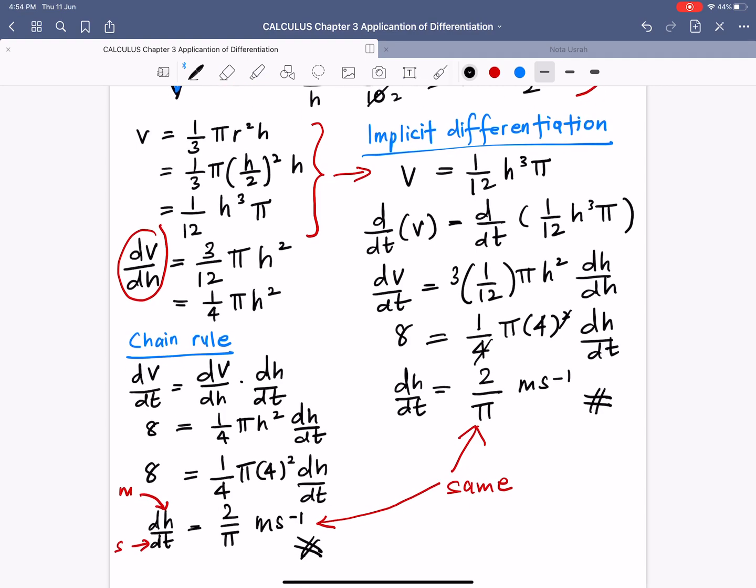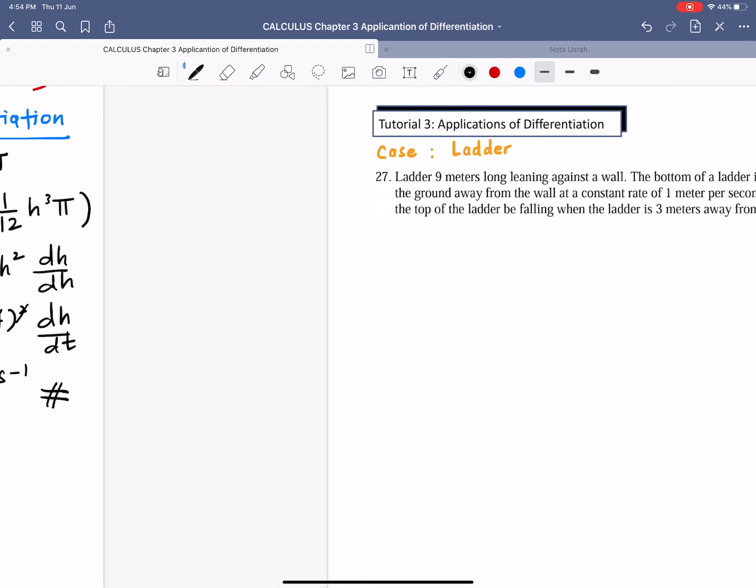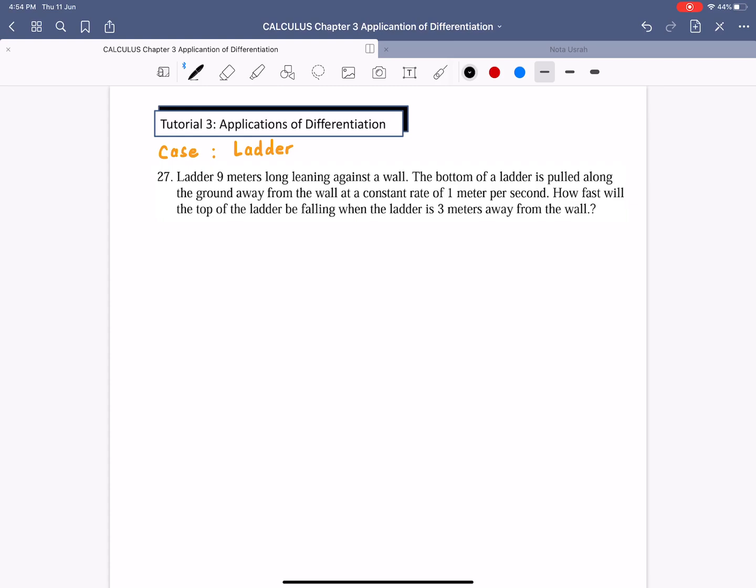Okay, next we want to refer to tutorial 3, applications of differentiation, question number 27, where this is about a ladder problem. Here we have a ladder 9 meters long leaning against a wall.